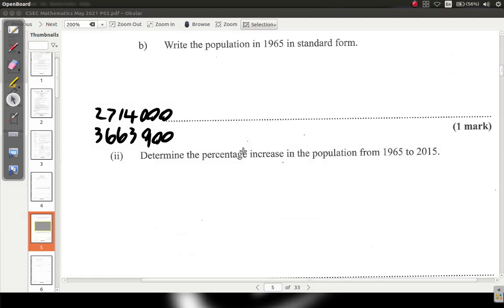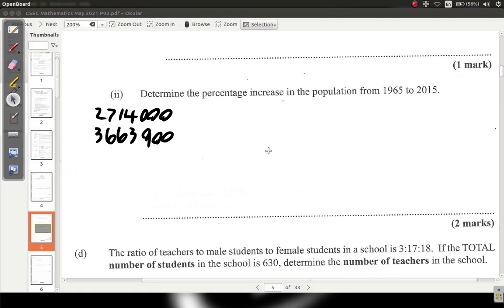Now, you want the percentage increase. Remember, when you say percentage increase from one figure to the next, you have to do the right thing when you calculate the percentage.